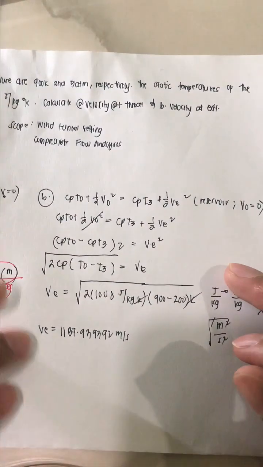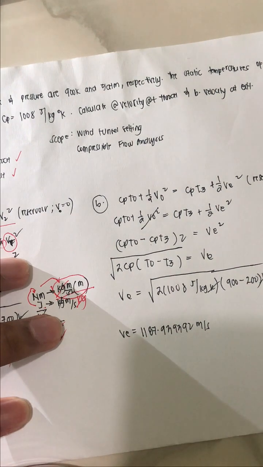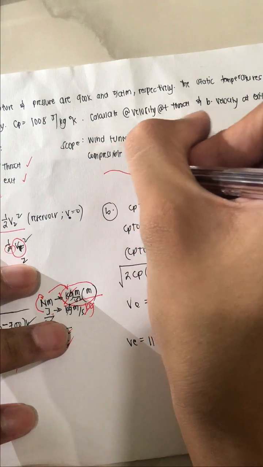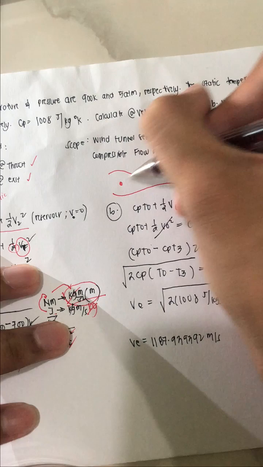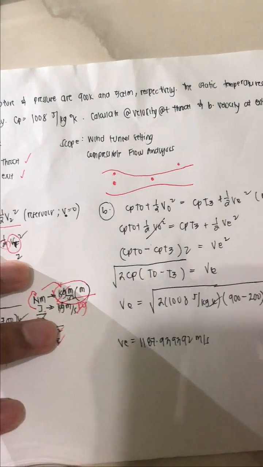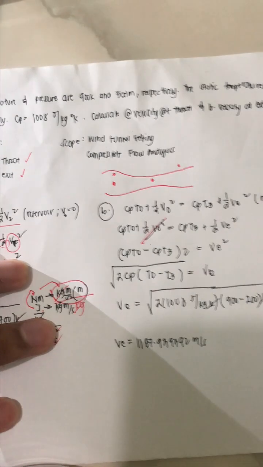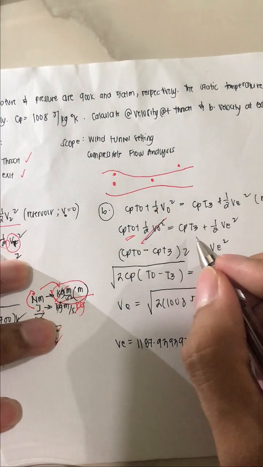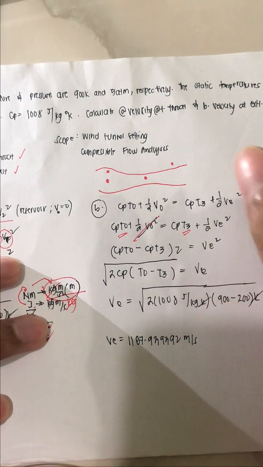For the velocity at the exit, we do the same thing. We relate it to the reservoir, which is our reference point. Earlier we referenced reservoir to throat. Now it is reservoir to exit. We use the velocity at the reservoir as 0, because it is in the reservoir. That leaves us with Cp T0 at the reservoir equals Cp T3, the temperature at the exit, plus 1/2 velocity at the exit squared.